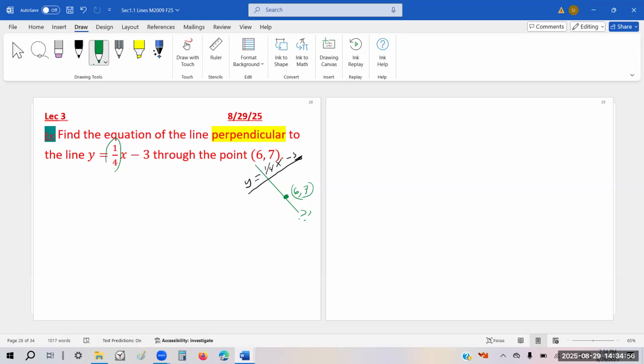This line gives us the slope 1/4. That tells us what's the slope of the perpendicular line. Negative. You flip 1/4. 4/1, which is simply 4. I mean negative 4.